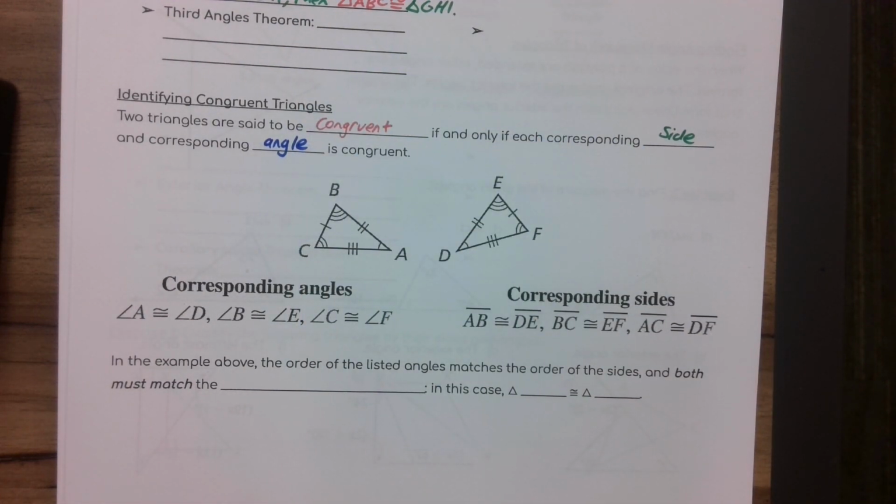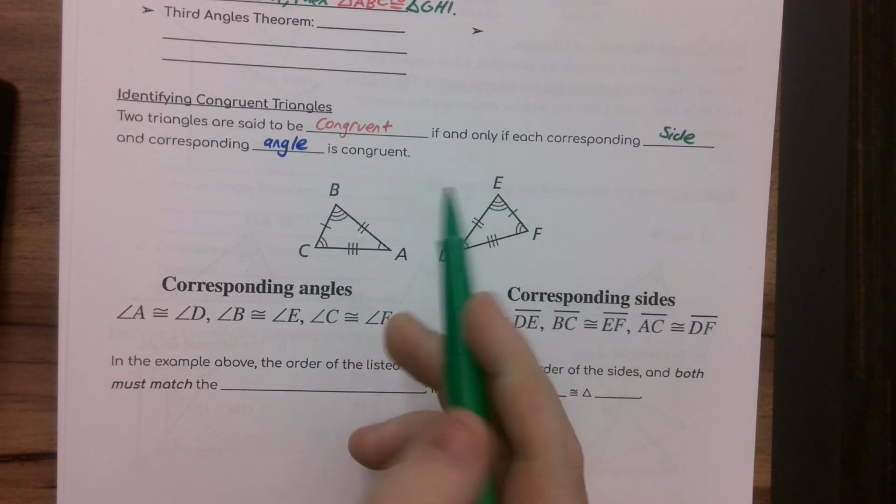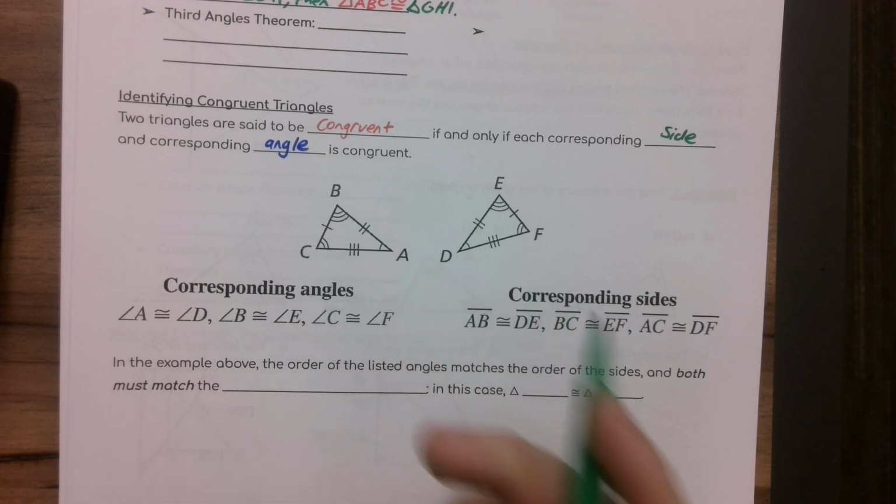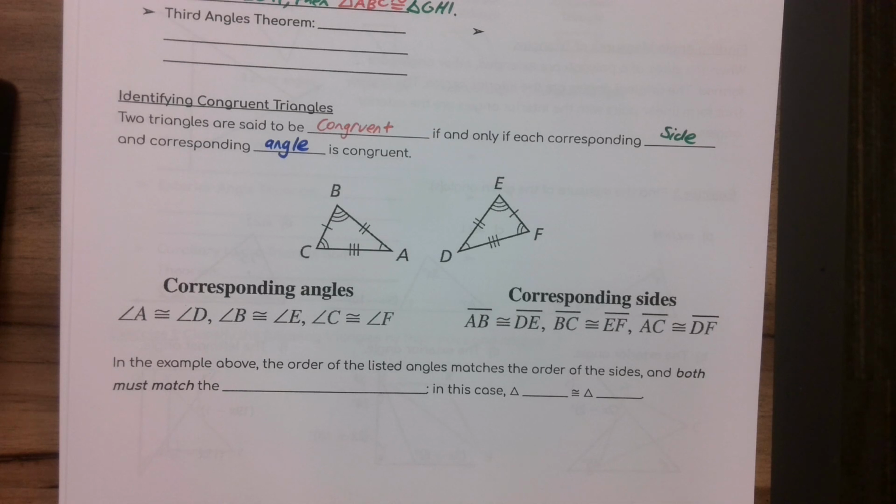In short, this means if you want to show that some triangle is congruent to some second triangle, for right now, you will need to show that every single side pairs up with a side on the other triangle, that every single angle pairs up with every angle on the other triangle. Let me do a brief example here.